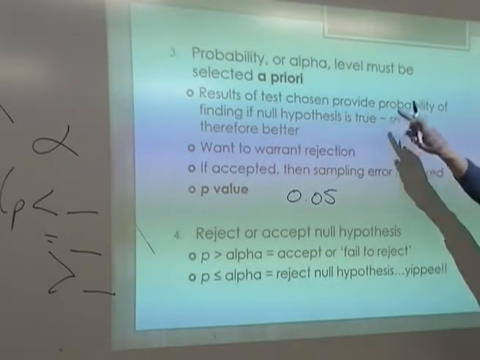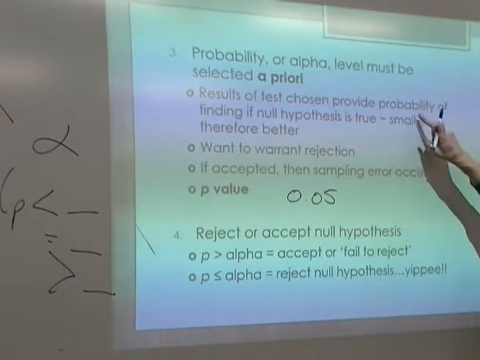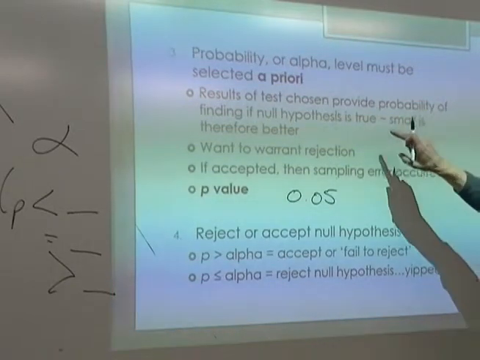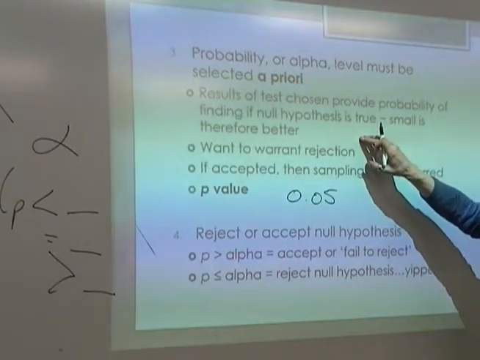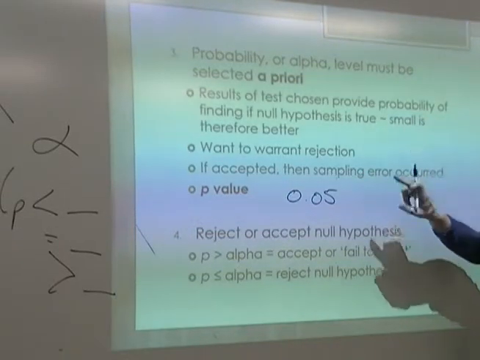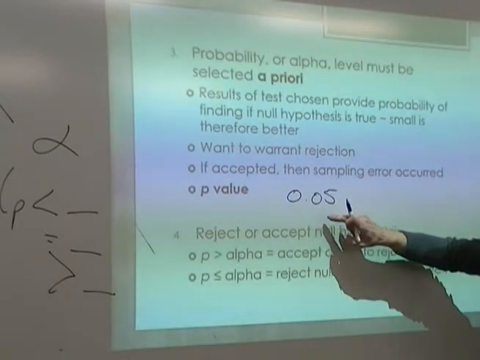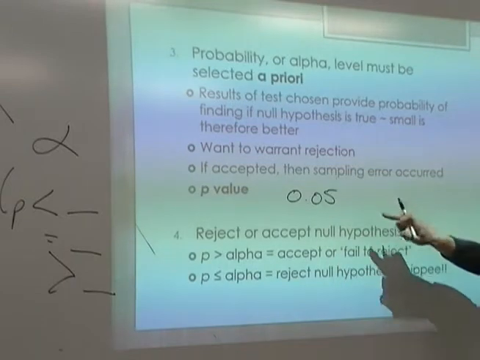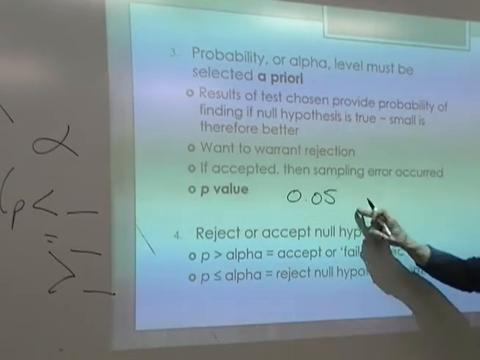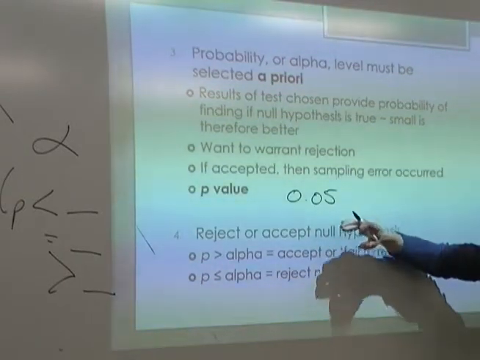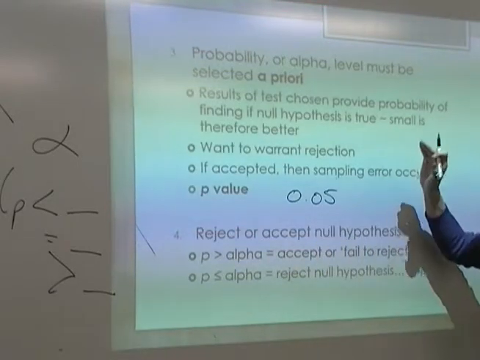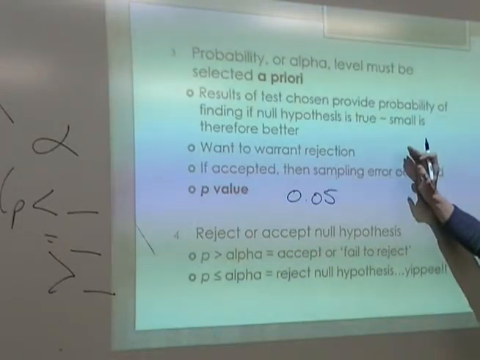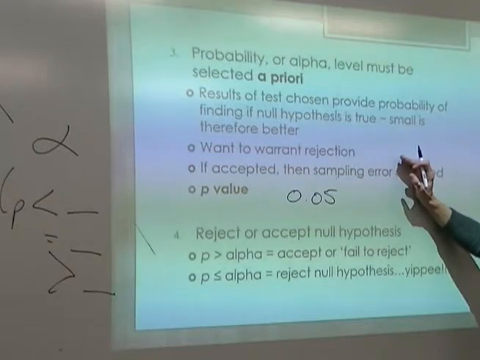Because what alpha says is the probability of finding the null hypothesis is true. Right? So, when I set alpha at 0.05, what I'm really saying is that I am 95% certain that the difference I found is due to what I did.